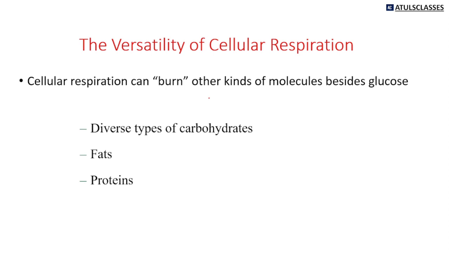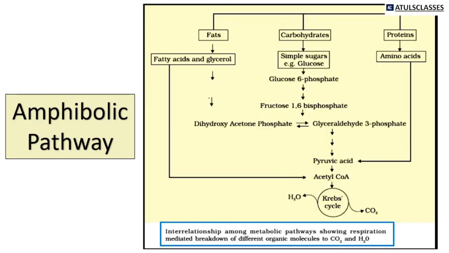Fats and proteins can also enter the cycle. Fats enter at the link reaction, directly as acetyl coenzyme A. Carbohydrates go through glycolysis, pyruvic acid, and then entry.